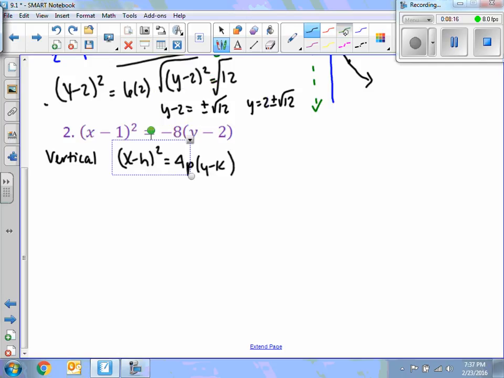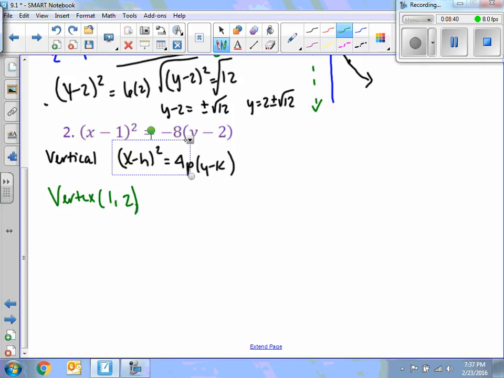So identify what we know. Well, we know our vertex is the ordered pair 1, 2, because it's x minus 1.